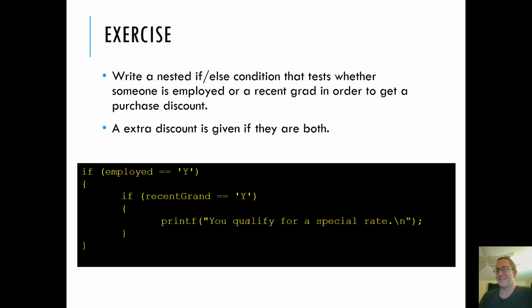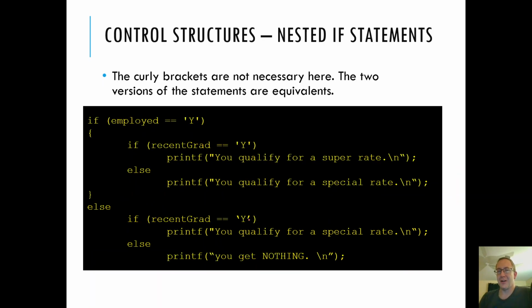Okay, let's see what we have here. So if employed, notice I want those curly braces because, God, curly braces. If you're employed, then there's a lot of redundancy here. I wouldn't write it this way myself, but we're looking at nested if statements. So if you're employed, then you do another if statement.